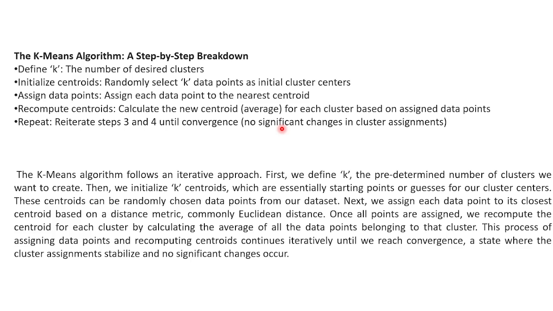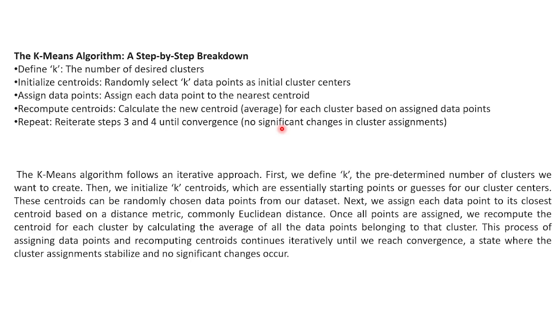You can pick any 3 data points and assume these 3 data points are centroids, make clusters with these 3 points as centroids, and keep all the points nearest to each centroid in that cluster. This is the process that we follow. These centroids can be randomly chosen data points from our dataset, as I was telling just now.